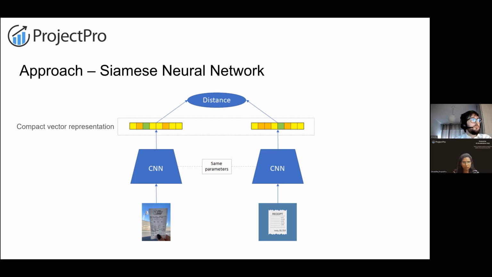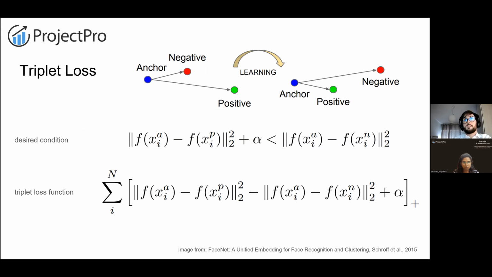I've been seeing that there are better ways to do that, and many of them use something that is called the triplet loss, where we will have not two images or objects, but three of them. We will have an anchor that is a reference image, then a positive that is a similar image that we want to be close to our reference, and a negative that is dissimilar from the reference image, from the anchor.